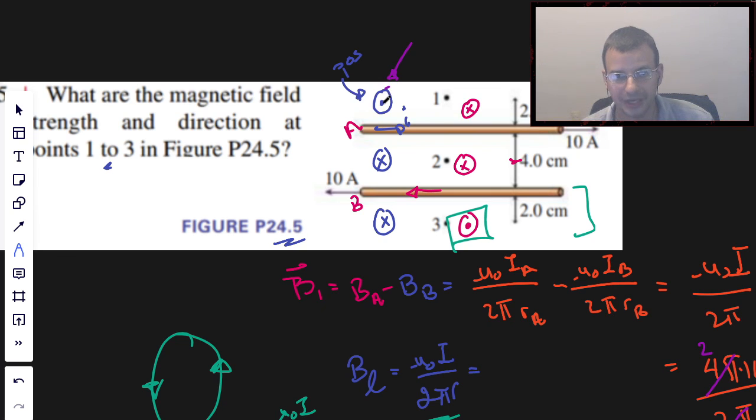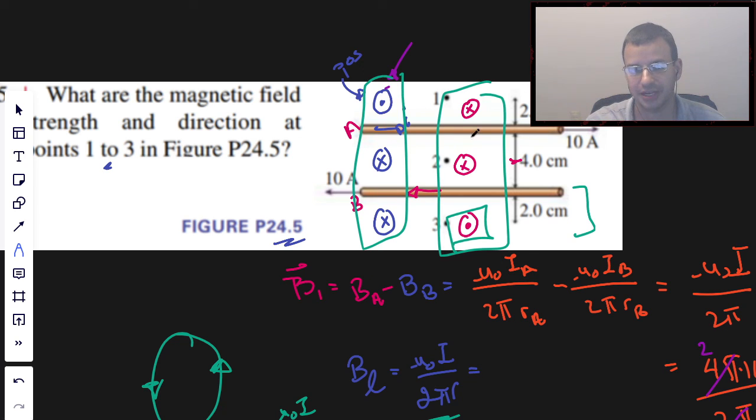We then drew the magnetic fields due to each wire. So this is for the wire on top. These are the directions of the magnetic field, with into the board being the X, out of the board being the circle with the dot. And then in the middle, we see that they reinforce each other, and then at the top and bottom, they oppose each other. When they oppose, they have negative signs.